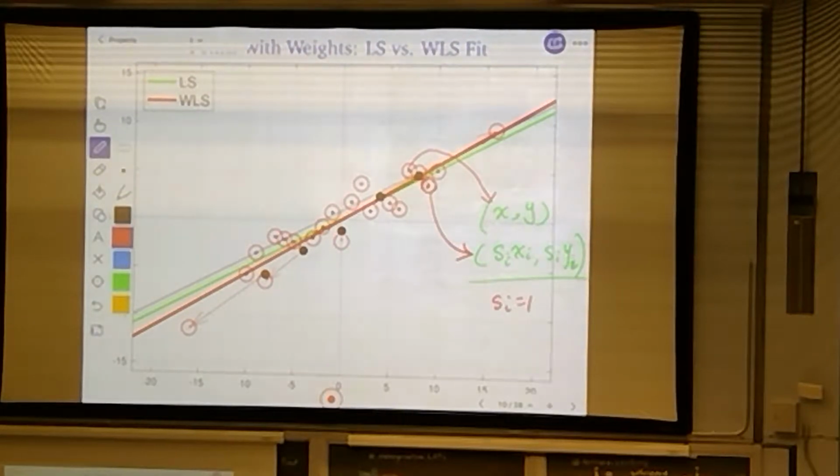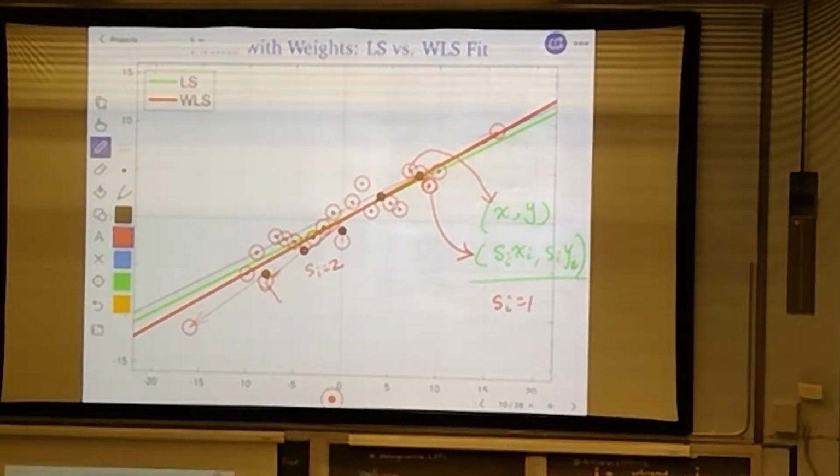For those that have a larger weight, for example this point, si equals 2. So if I connect from the origin, it's going to be twice as far. It's going to be located at this point instead. Okay? For these 5 points, they expand outward. So instead of looking at these black points of different sizes to illustrate this weighted least square, effectively I'm dealing with the least square problem on these red circles, with equal weights.